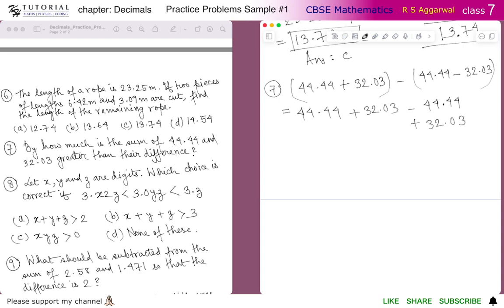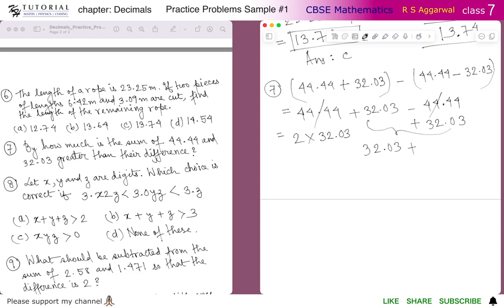So you can see clearly that the 44.44 is cancelling out, and you are left with 32.03 plus 32.03. Basically this is equal to 2 into 32.03, but we have not discussed the multiplication of decimal numbers, so we will not do it this way.